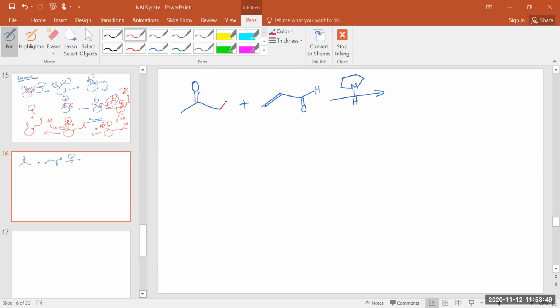The alpha hydrogen will be gone, and the product will be this. If you see the previous mechanism, this part came via the Michael addition, and this is the acetone. Okay, so these are the reactions.